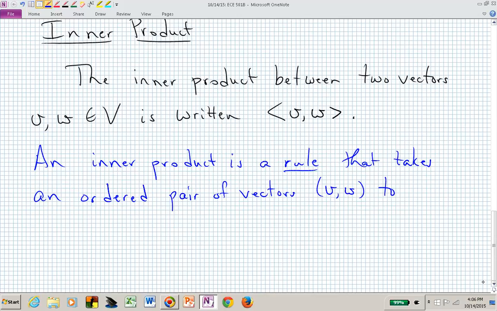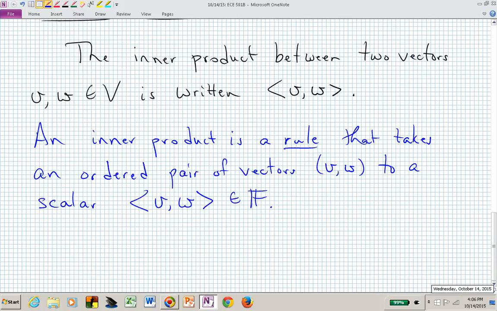This inner product is a rule that takes an ordered pair of vectors V and W to a scalar, and that's what we're calling V comma W inside the angled brackets. That's going to be some scalar in our field of numbers F, which could be real or complex.